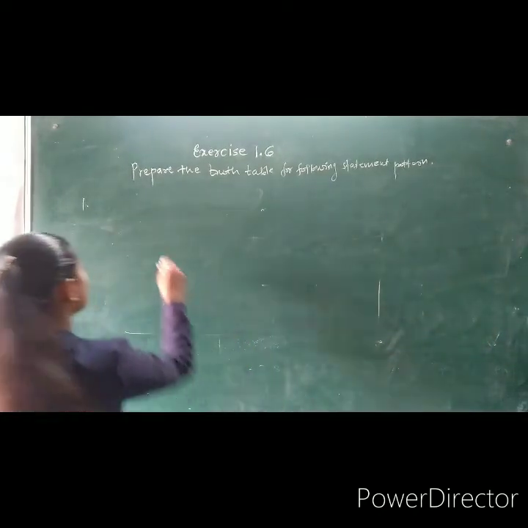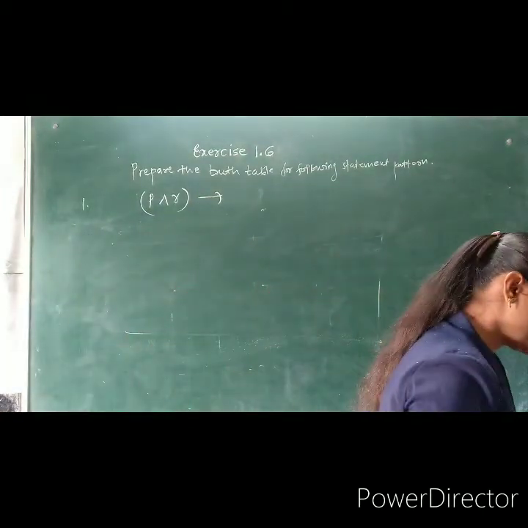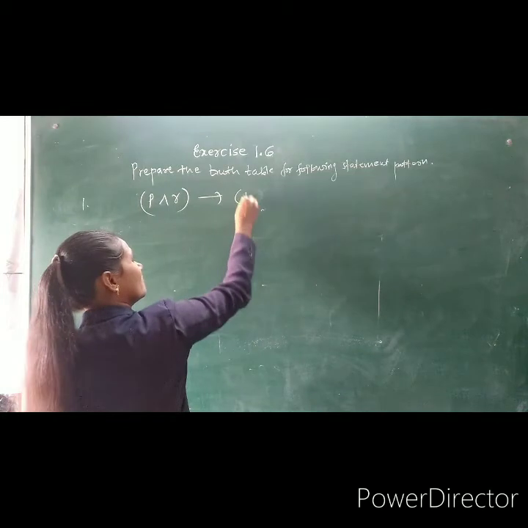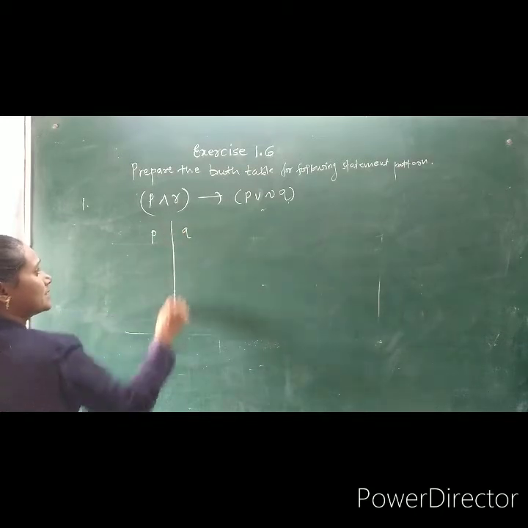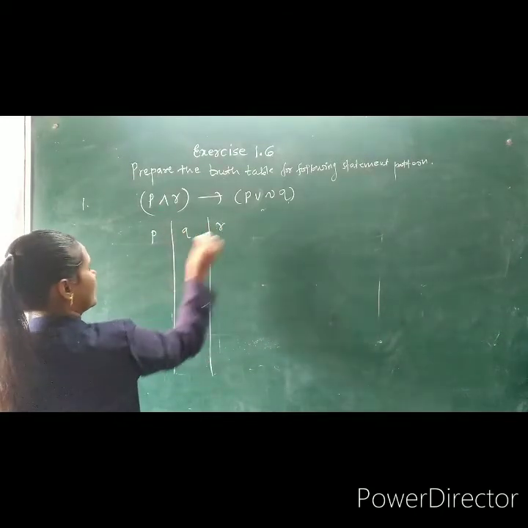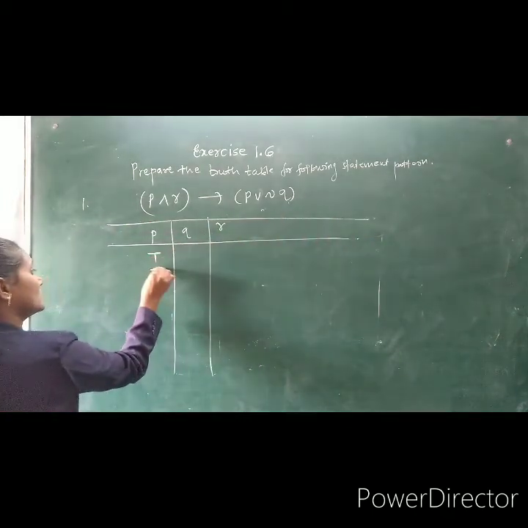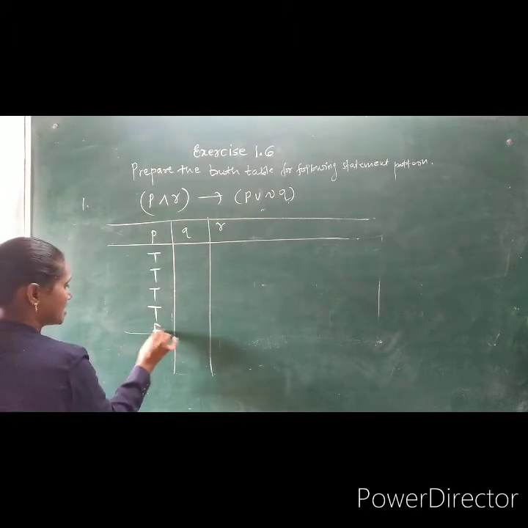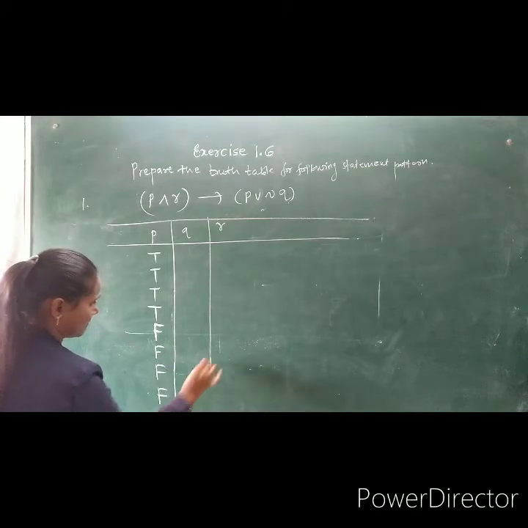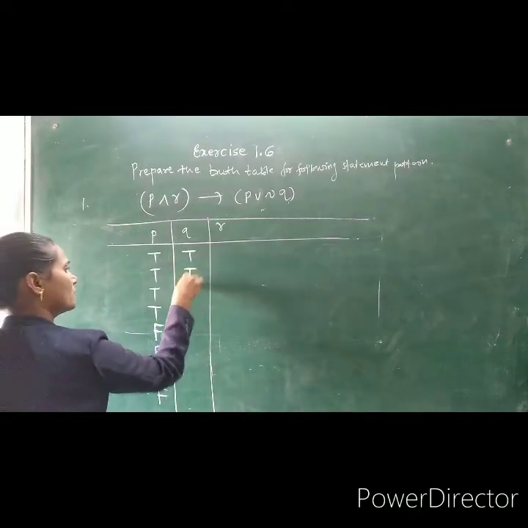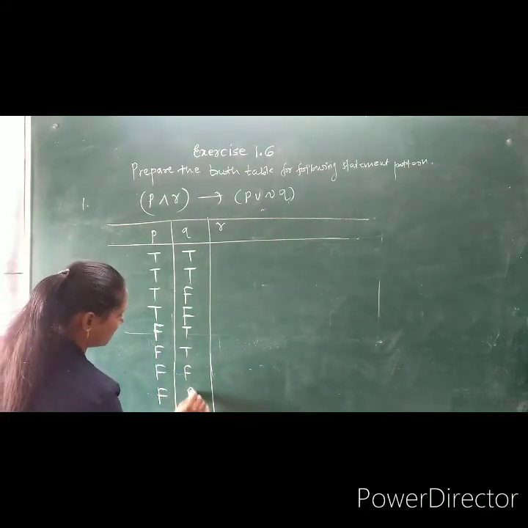P and R implication P or negation Q. Here three statements are used: P, Q, R. So take first 4 T's and last 4 are F. In Q, 2 T, 2 F, again TT, and again FF.